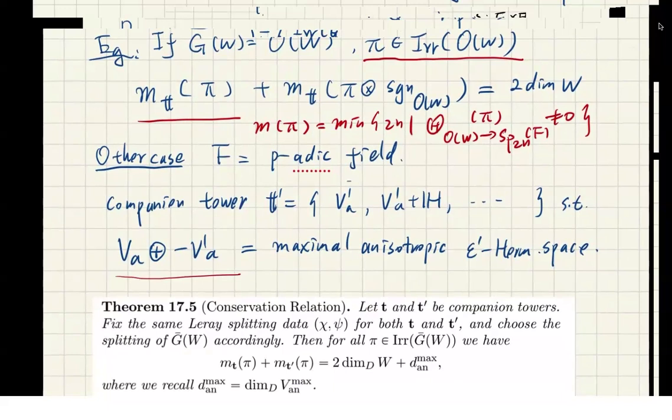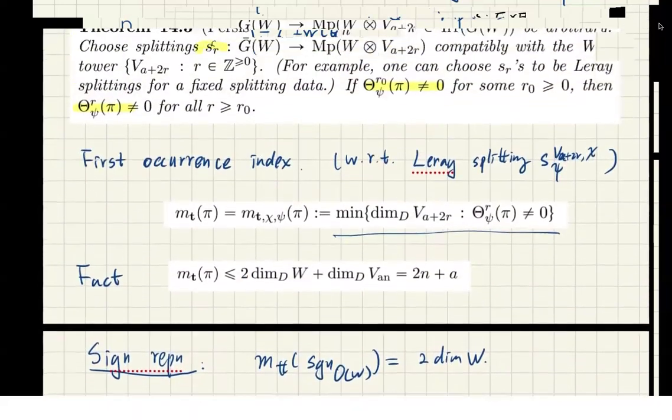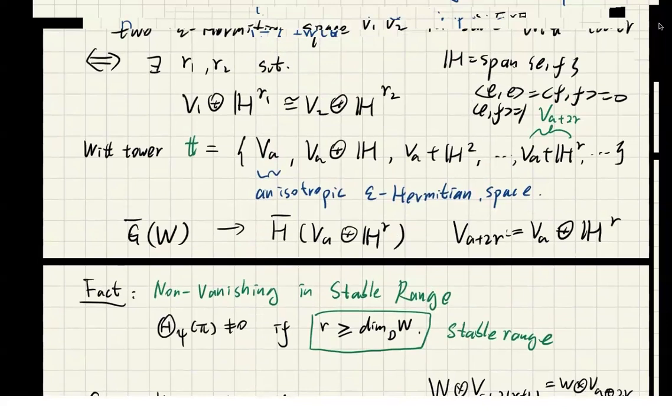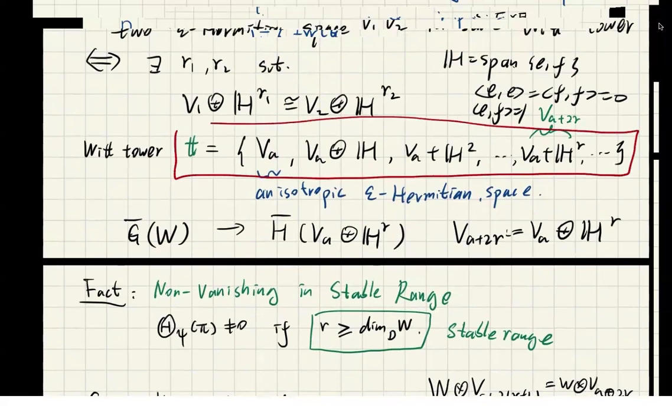Recall that the shape of a Witt tower is something like this: it is a collection of isometry classes of epsilon-Hermitian spaces, and in this class there is a smallest space, called VA. This is an anisotropic space.